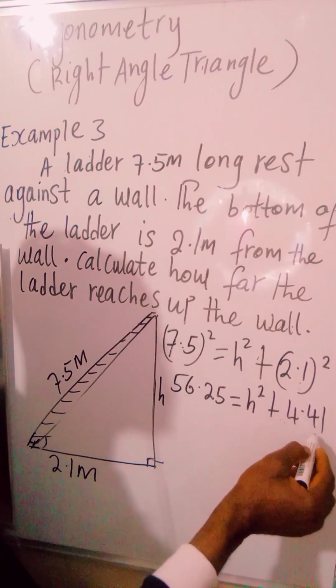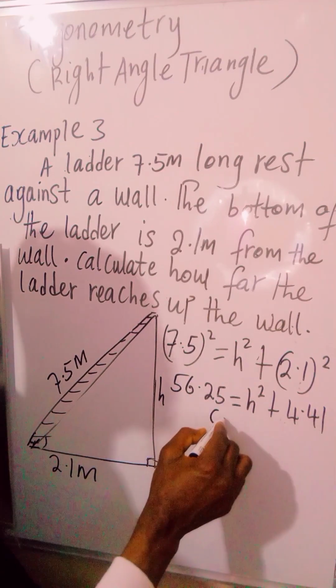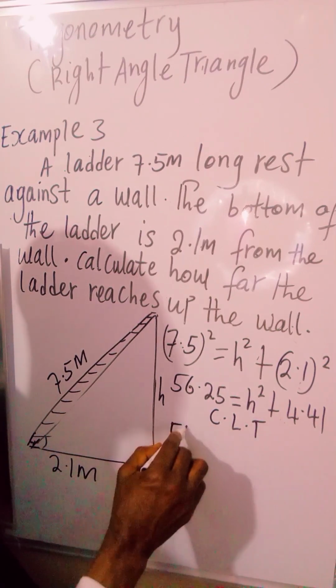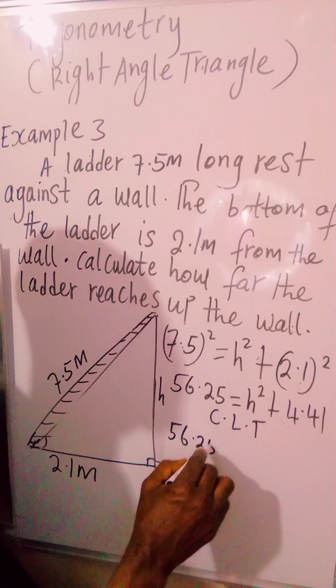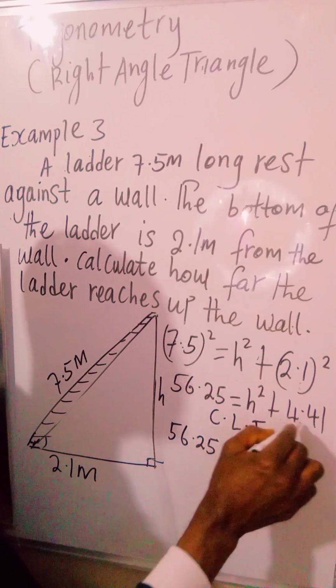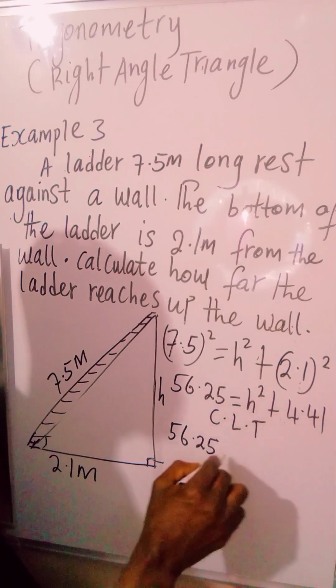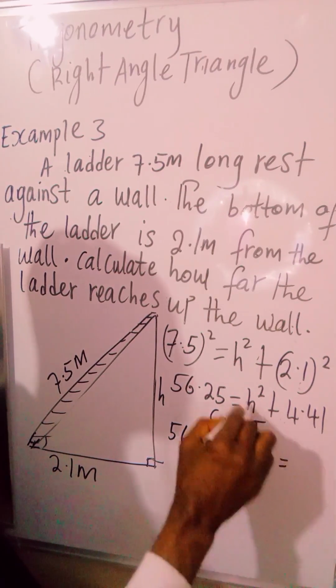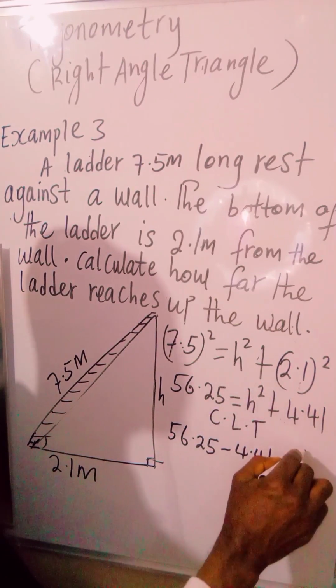So this one will come over to join it. In other words, we're collecting like terms. If we collect like terms, we're going to have 56.25, this plus crossing over becomes minus 4.41, equal to h squared on the right.